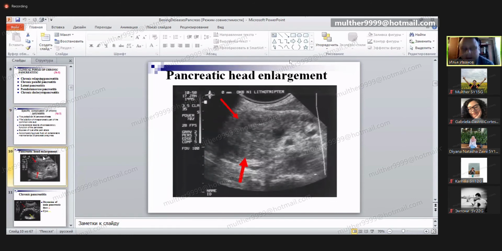I told you that the first steps of acute pancreatitis are managed in reanimation, not in the surgical department, and we can use some systems for finding the diagnosis and the risk of death and development of complications.